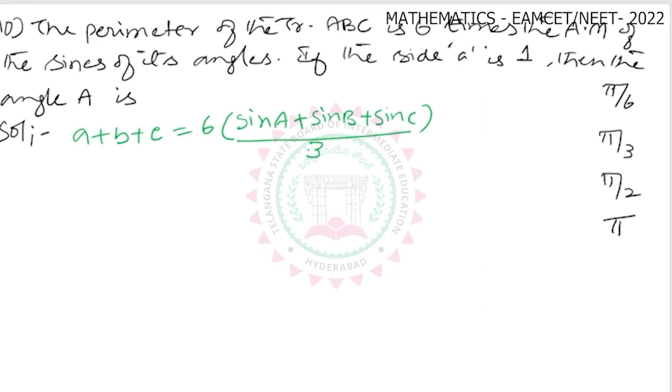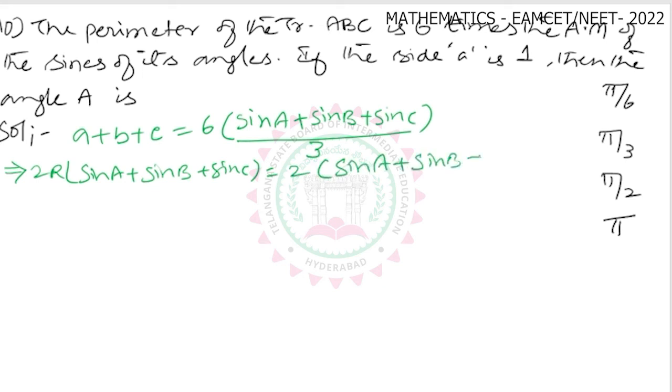Now, this small a can be written as 2R sin A, small b equal to 2R sin B, small c equal to 2R sin C. So, if I take out 2R common, what is inside? Sin A plus sin B plus sin C is equal to, 3 and 6, 3 ones are 3, 3 twos are 6, they cancel, 2 times sin A plus sin B plus sin C. Now, you see that from both sides, sin A plus sin B plus sin C cancel.